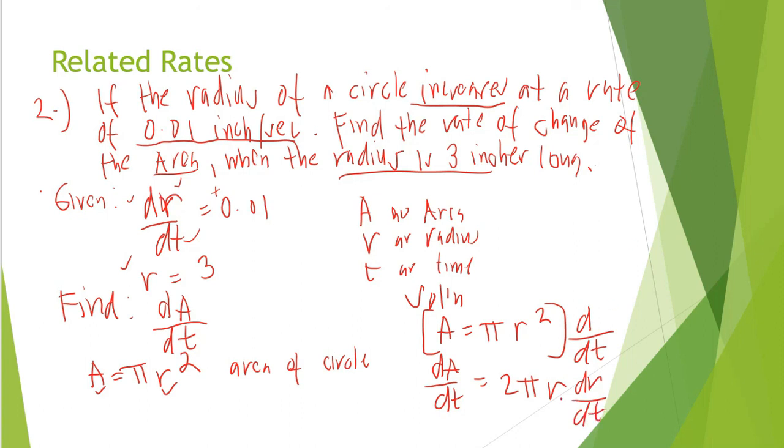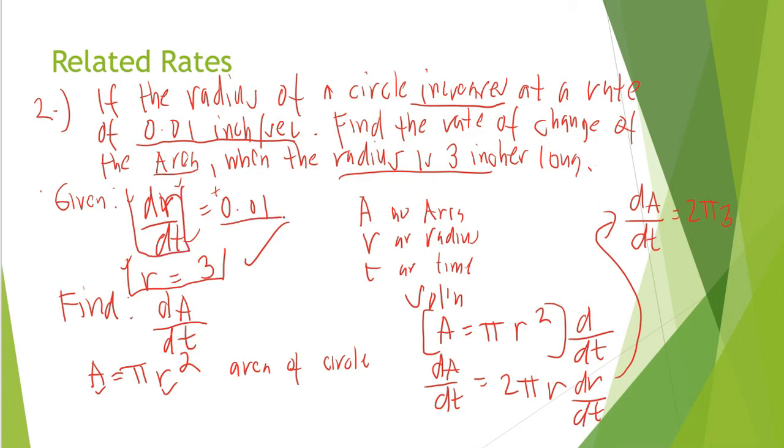Now we substitute the value of r given, r is equals to 3. So dito tayo, para makuha natin yung value ng dA over dt. We have 2 pi, r is 3. And then we have another one which is the dr over dt. Given niya is 0.01.